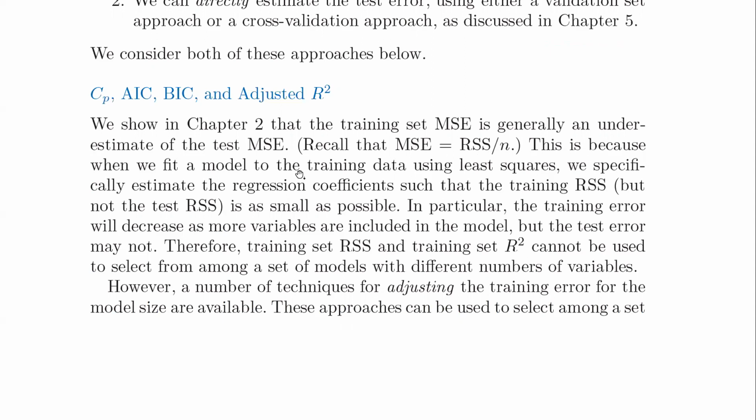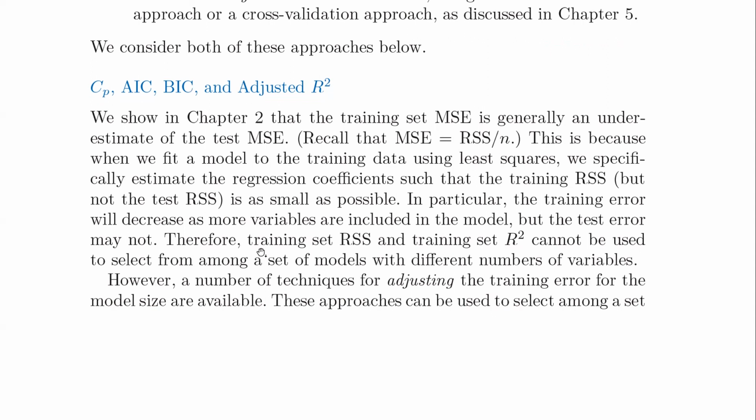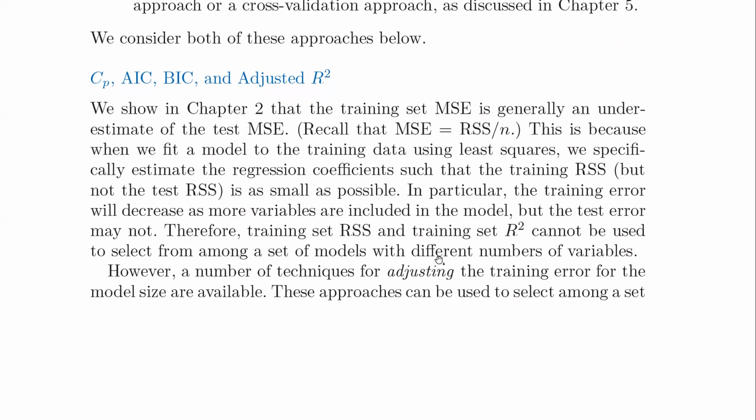This is because when we fit a model to the training data using least squares, we specifically estimate the regression coefficients such that the training RSS, but not the test RSS, is as small as possible. In particular, the training error will decrease as more variables are included in the model, but the test error may not. Therefore, training set RSS and training set R squared cannot be used to select from among a set of models.